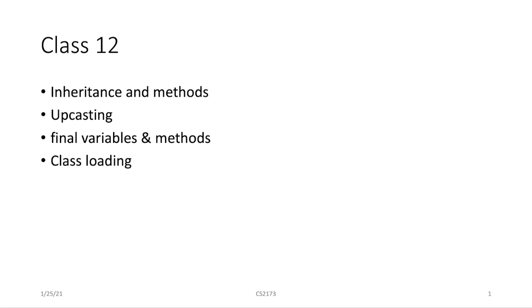And then the book uses this, and this is a common term, but I am not terribly fond of it. But since the book uses it, upcasting, and the concept is important, just to understand what's going on with that. Briefly talk about final variables and methods.